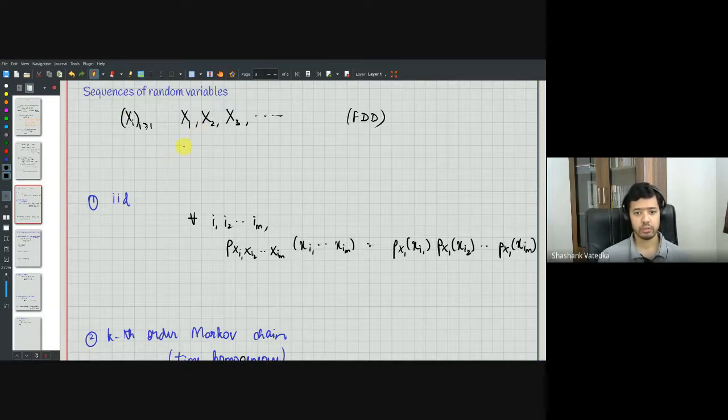So in general, you can have a sequence x1, x2, x3, so an infinite sequence, and these need to be specified by some joint distribution. So they could be independent and identically distributed, which you've seen in the information theory course. Any sequence of random variables is specified by the finite dimensional distributions.